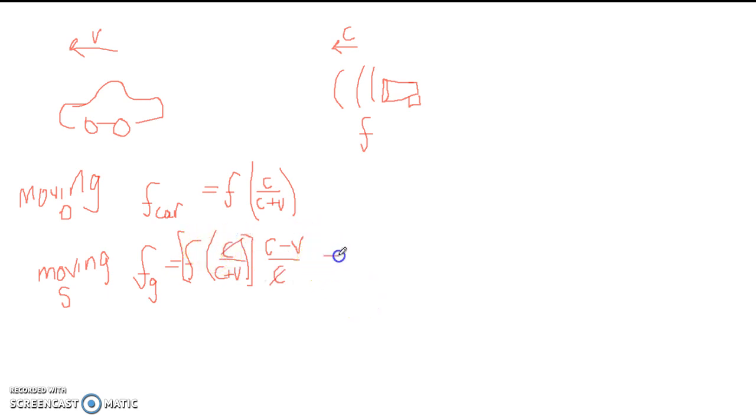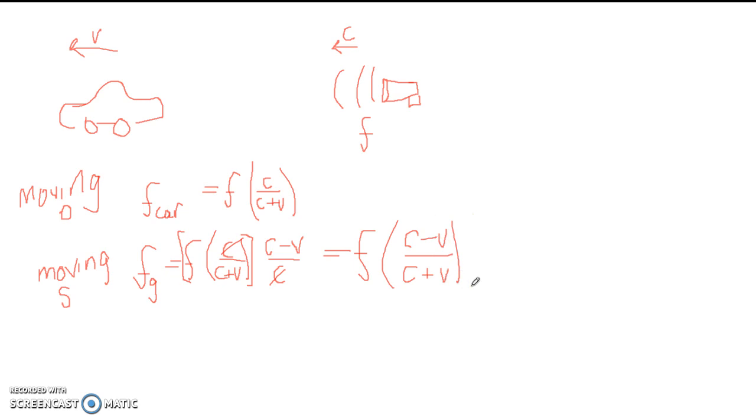So basically, what the gun perceives is going to be F times c minus v over c plus v.